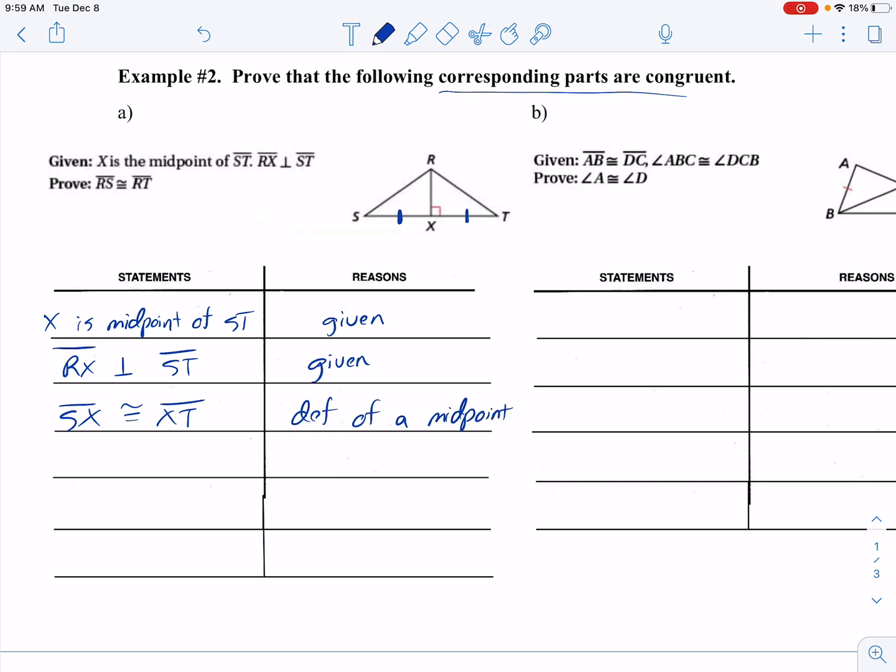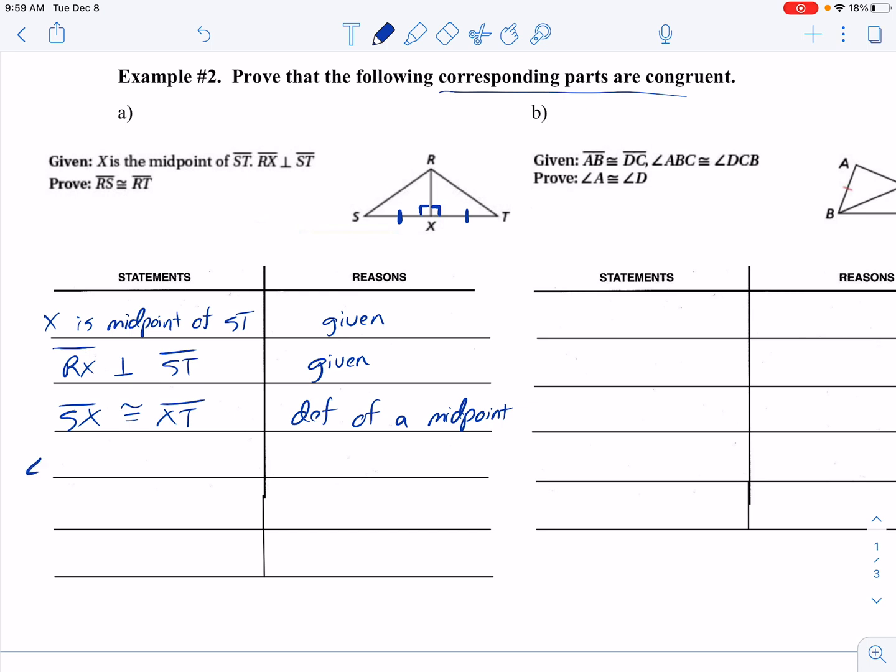Great. And then if RX is perpendicular to ST, we're going to have two 90-degree angles here. So we could say that, and because these are 90-degree angles, they're both going to be congruent to each other.